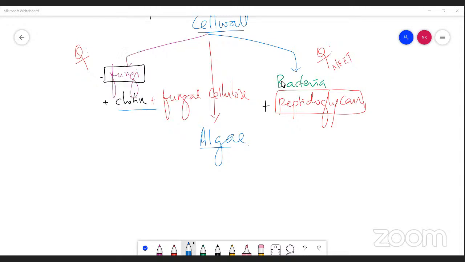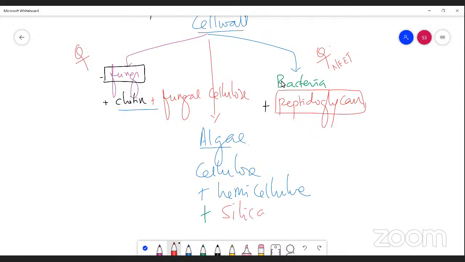Sometimes some members of algae have a cell wall also made up of silica. If you take diagrams in which you can see silica, the cell wall of algae is made up of cellulose, hemicellulose, and silica.